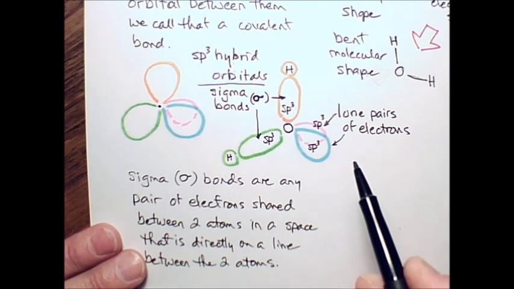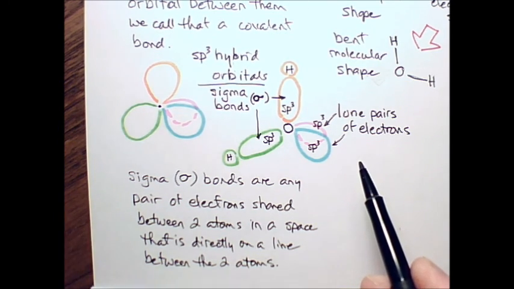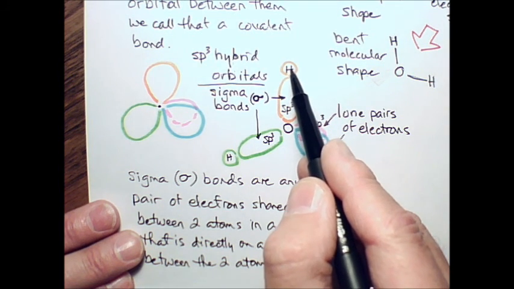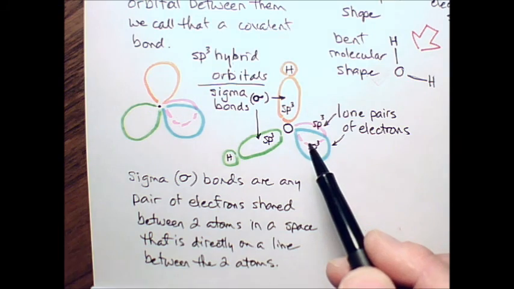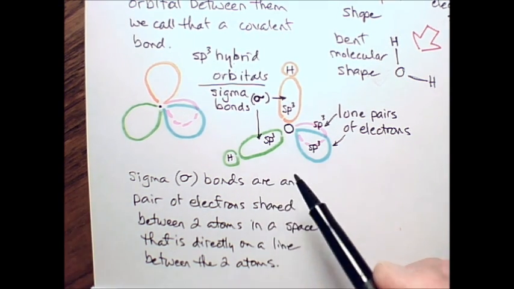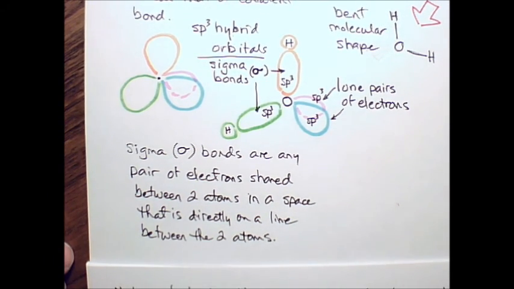Each balloon represents the space in which you most often find those lone pairs. Each long balloon between the little ball at the end and the center represents the space where you most often find the two shared electrons between the oxygen and the hydrogen. Okay? So a shared orbital is a bond, a covalent bond.